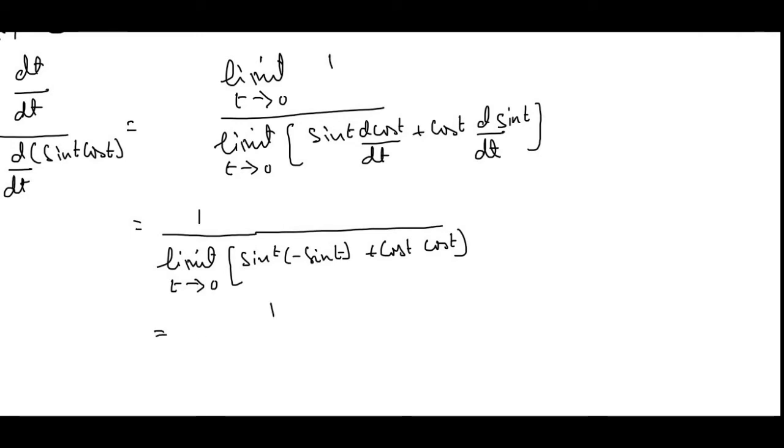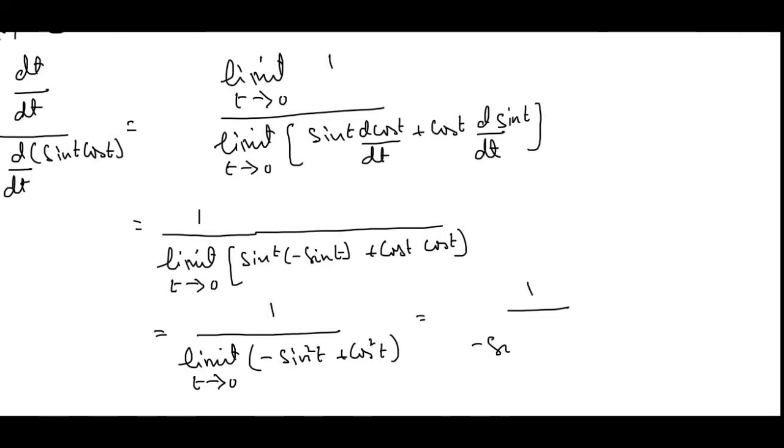So we have 1 over limit t approaches 0 of minus sine square t plus cos square t. So finally 1 over minus sine square 0 plus cos square 0, and we have 1 over 0 plus 1, hence 1. This is our answer.